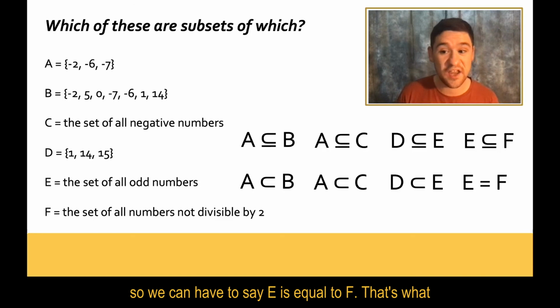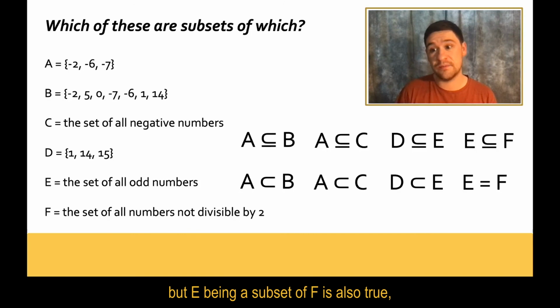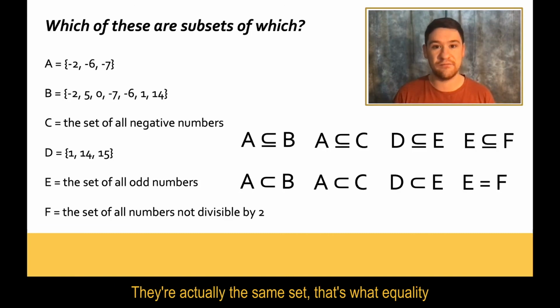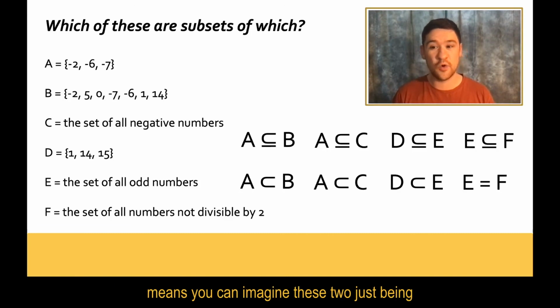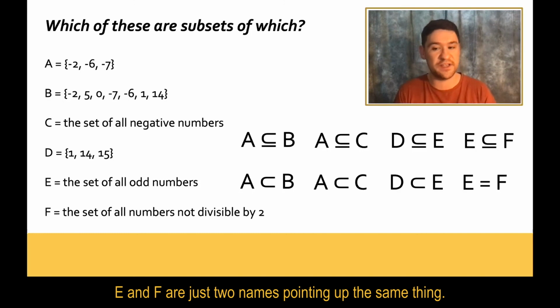So we can actually say here E is equal to F. And that's what we mean by equality of sets, that they contain the same elements. But E being a subset of F is also true, but E is not a proper subset of F. E is equal to F. They're actually the same set. That's what equality means. You can imagine these two just being 2 names for the same thing. E and F are just 2 names pointing at the same thing.